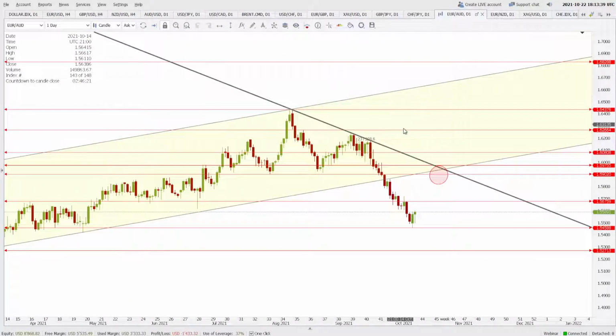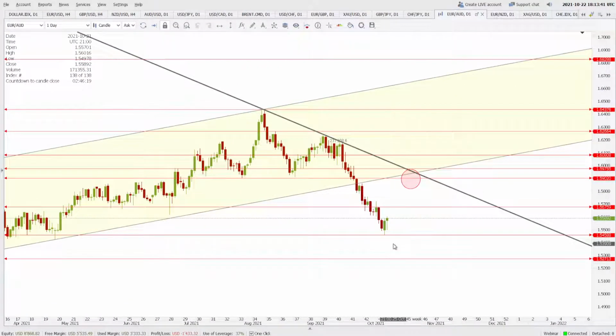Talking about the Euro AUD, Euro AUD has found support at 1.5458. Yesterday it was almost a bullish engulfing, not at all, and today there is a follow up. It may go at least to the 1.5675 region, but do you want to buy this market? I'll not recommend that.